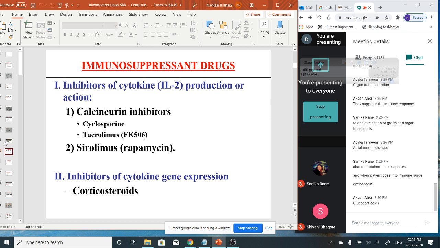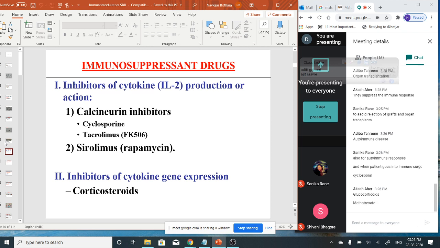Glucocorticoids. Where did you read it? Have you studied glucocorticoids somewhere? Have you studied methotrexate somewhere?